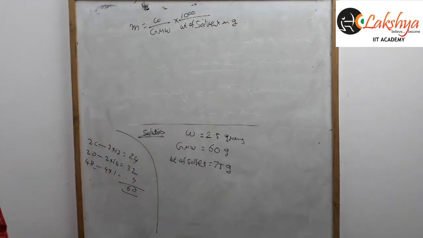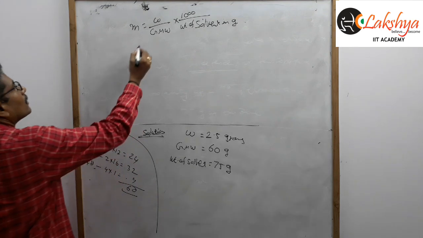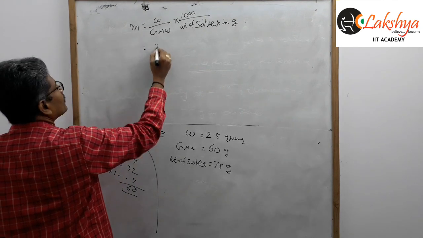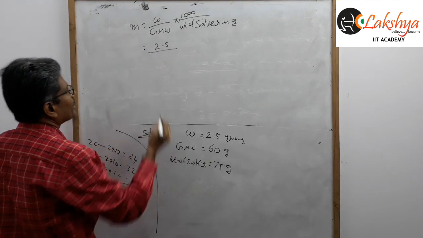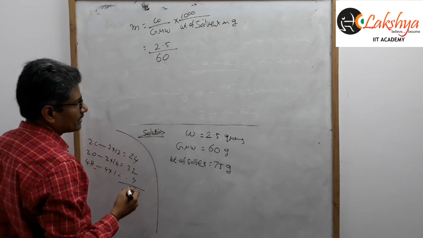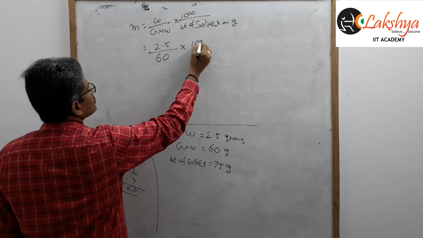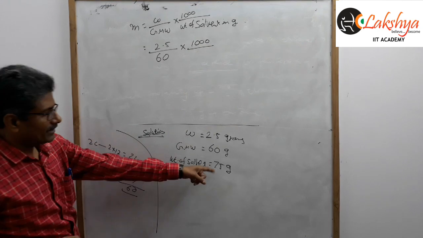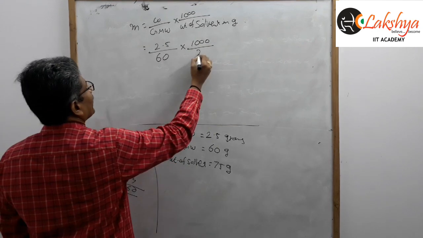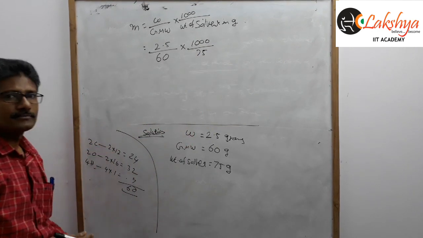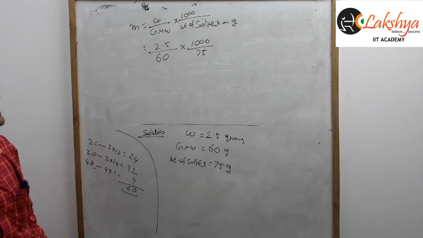So, weight of solute was given 2.5 by molecular weight 60 into 1000 by weight of solvent is 75. Right. Solve this one.